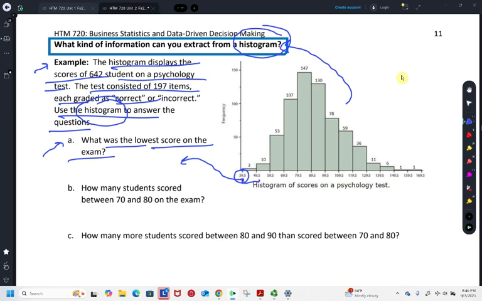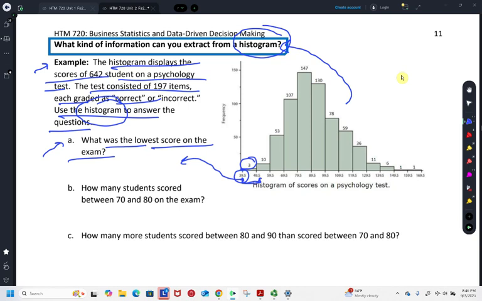Although we have a range of values, that 3 people scored at least 39.5 points and no more than 49.5 points, we cannot tell how many exactly scored the lowest score. Neither can we say the lowest score on the exam.